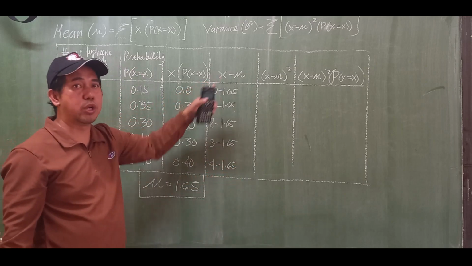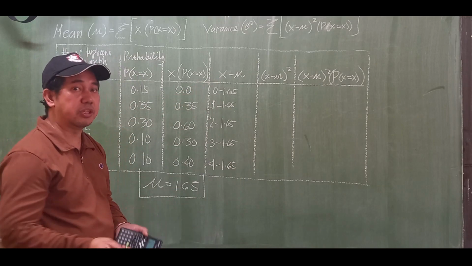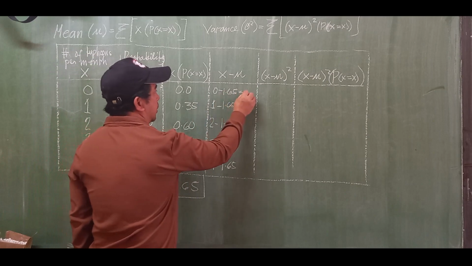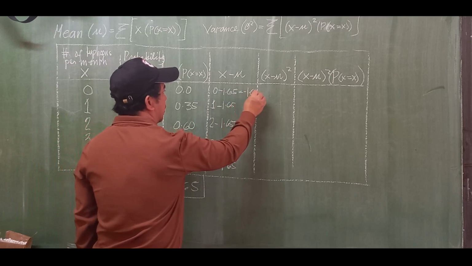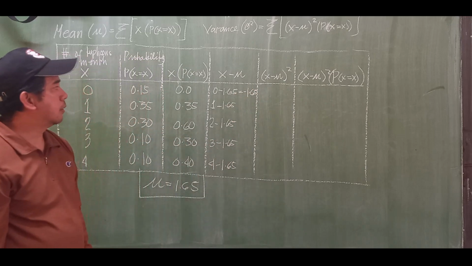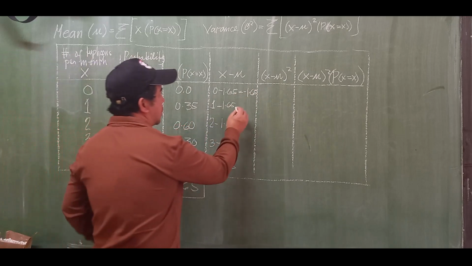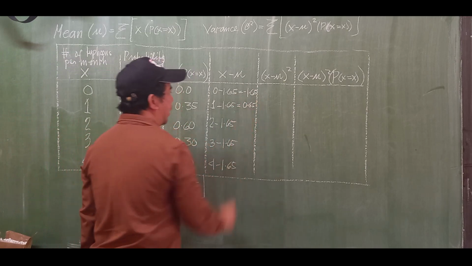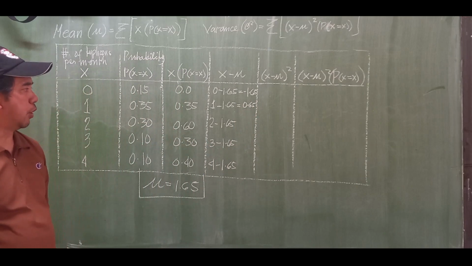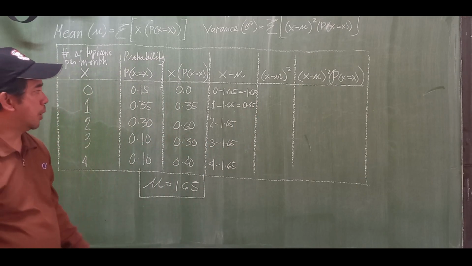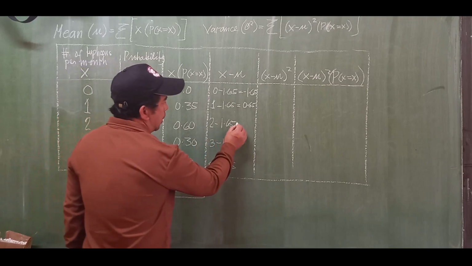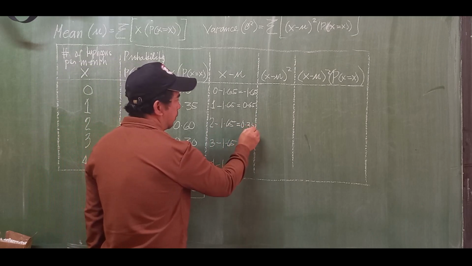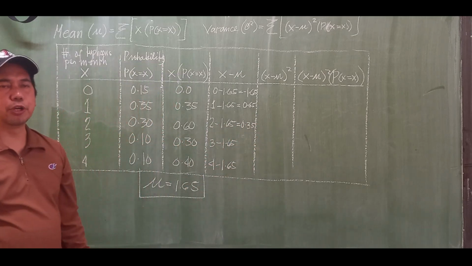So that is the working equation. Definitely, we will be getting the result immediately. So what is the difference of this one? That is negative 1.65. Okay? What is the difference? That is the same as negative 0.65. And what about this one? 2 minus 1.65 is 0.35.